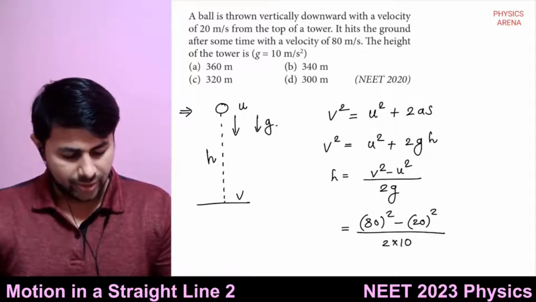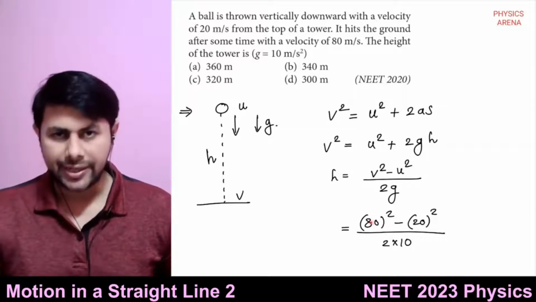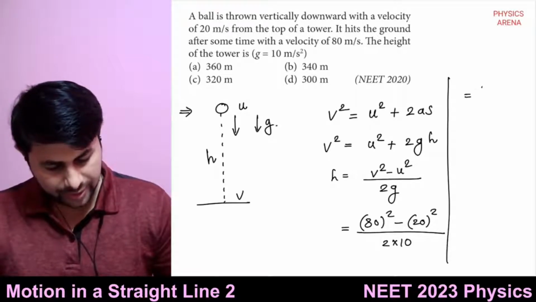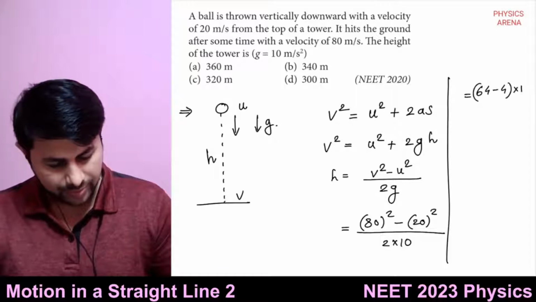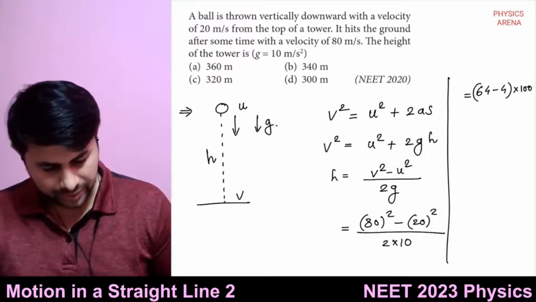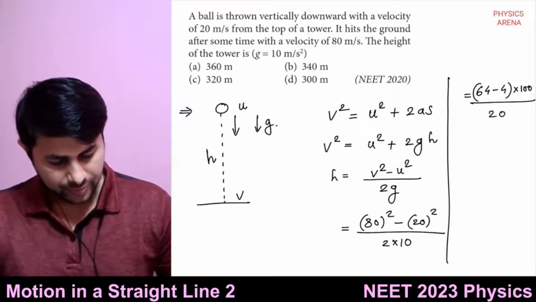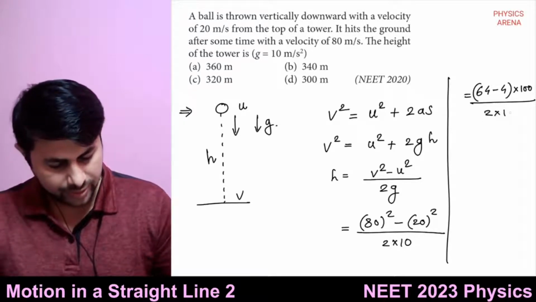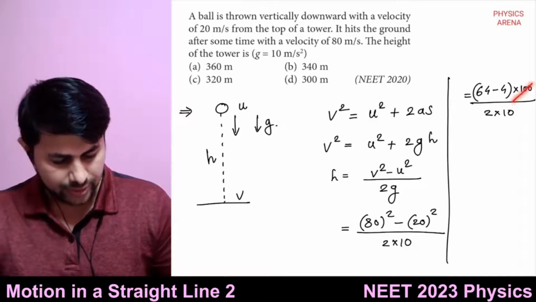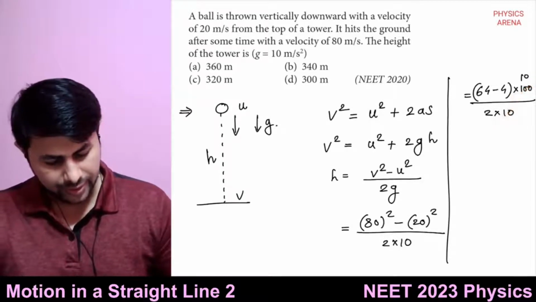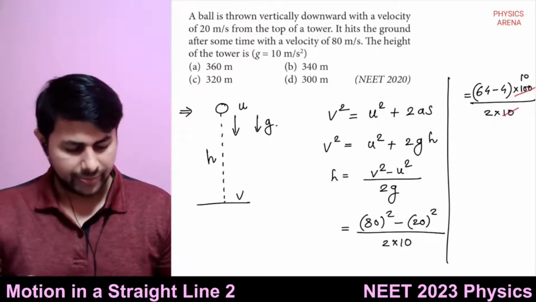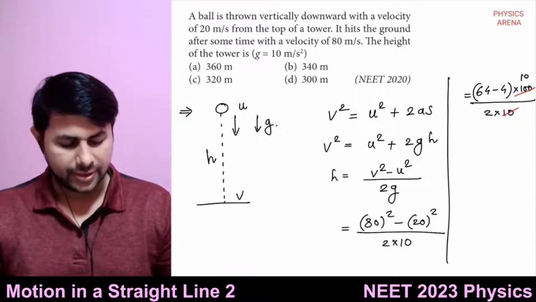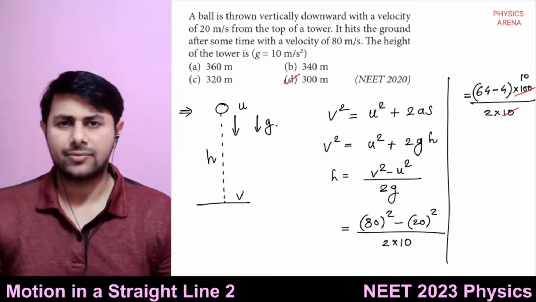You can take 10 common from these two, so it will be 10 square, 100. 8 square is 64 minus 2 square is 4, multiplied by 100, divided by 20. So 64 minus 4 is 60, and 60 divided by 2 is 30, 30 multiplied by 10 is 300. So your answer is 300 meters, right?